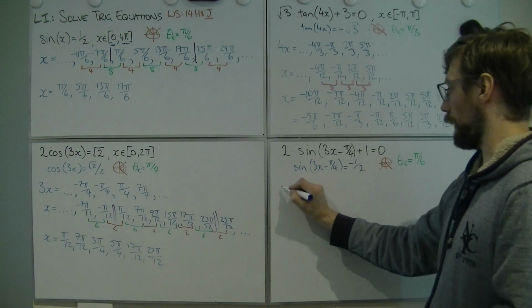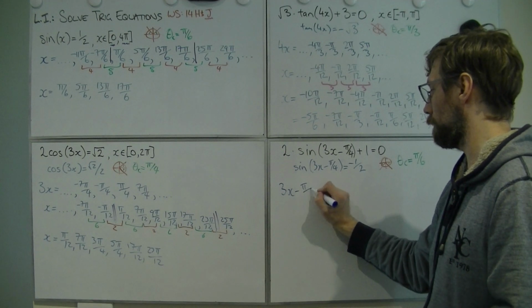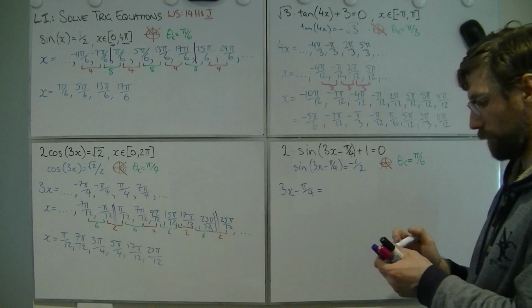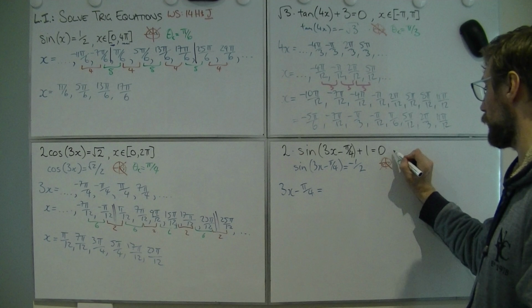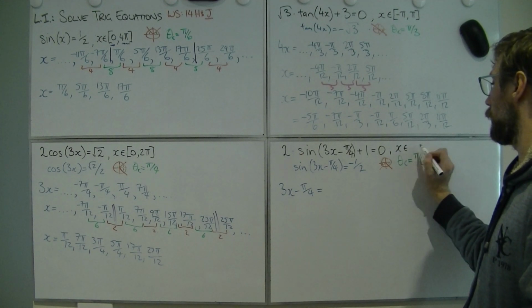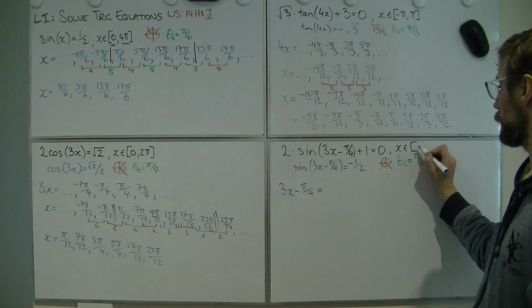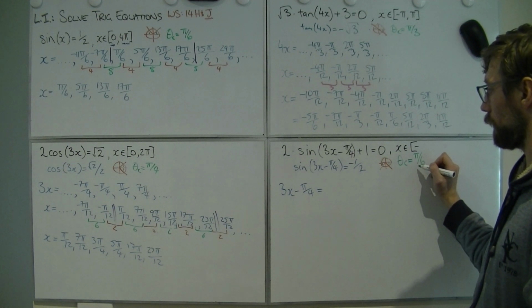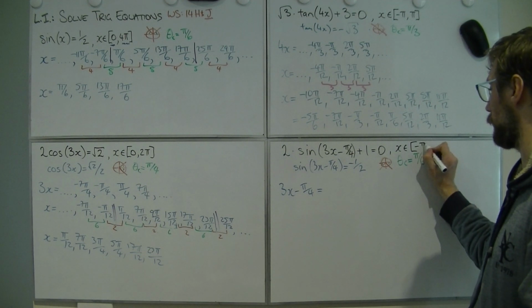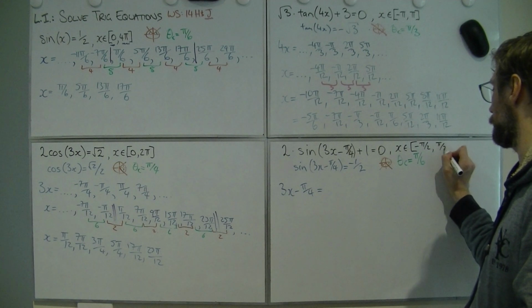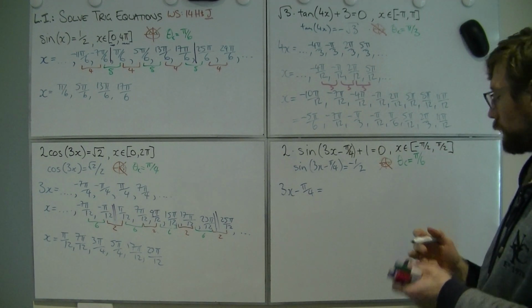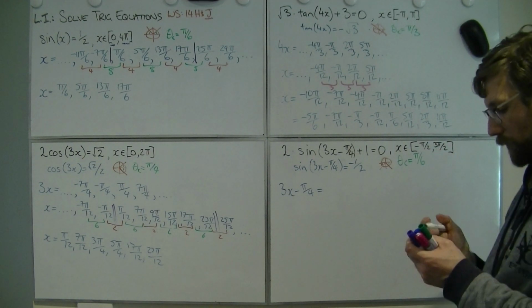So the inside equals, oh, I never gave this a domain. Let's give this a domain of, let's say, how fast is it going to go? Negative pi on 2 to pi on 2. Actually, let's go 3 pi on 2, just to make it more interesting.